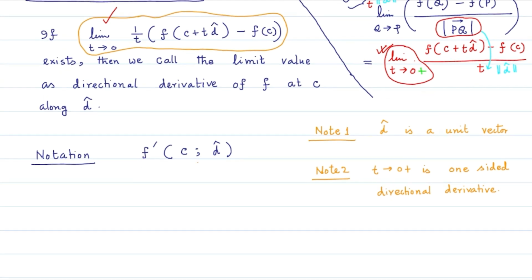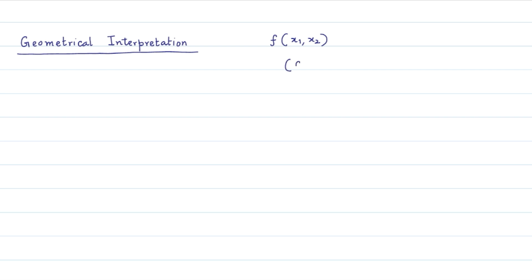In the geometrical interpretation of directional derivative, let me consider a function of two variables, say f(x1, x2), and suppose we are trying to identify a geometrical interpretation of the directional derivative of this function f at the point (c1, c2) along the direction d hat, given by the coordinates d1, d2, which is simply the vector d1 i plus d2 j, where i and j are unit vectors along the x1 axis and x2 axis.